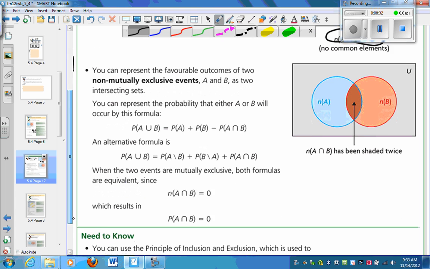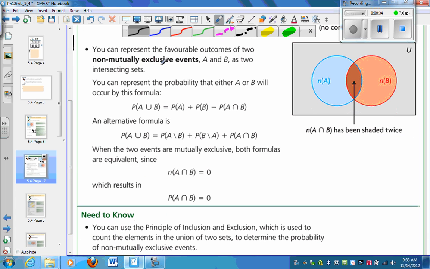You can represent the favorable outcomes of 2 non-mutually exclusive events as 2 intersecting sets. You can represent the probability that either A or B will occur by this formula. The probability of A union B is equal to the probability of A plus the probability of B minus the probability of its intersection. So you have to look at its intersection.